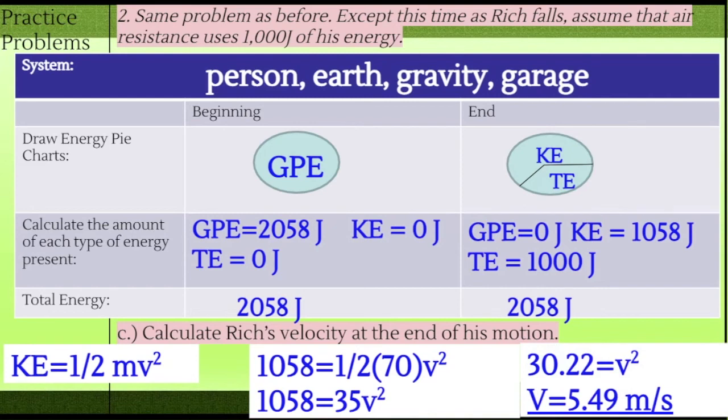And this makes sense because we would expect our velocity to be less than it was in our previous problem. And it's going to be less because we lost some of that energy due to thermal. And also it's going to be less because the air resistance is going to slow us down. Hence resistance, right? It's going to resist our motion and make it so we move slower.